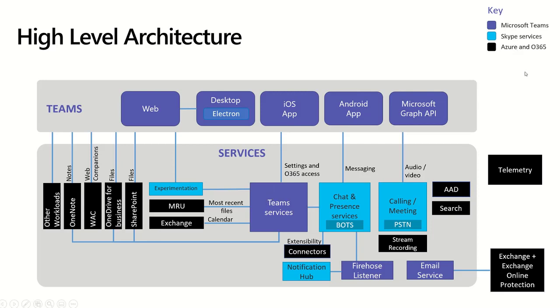The black boxes are Azure and Office 365, and the blue ones are powered by Skype. But back over here with the Teams and Presence services, that's actually what powers all of our messaging features. It's also what powers our bot features. Our calling and meeting functionality, and also the telephone network integration, is also powered over here in Skype.